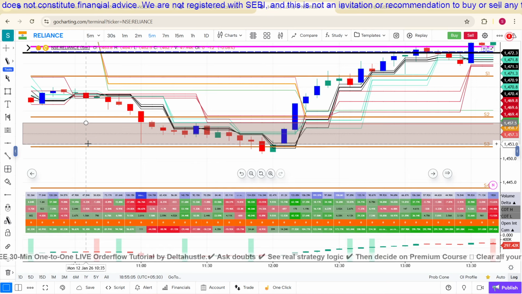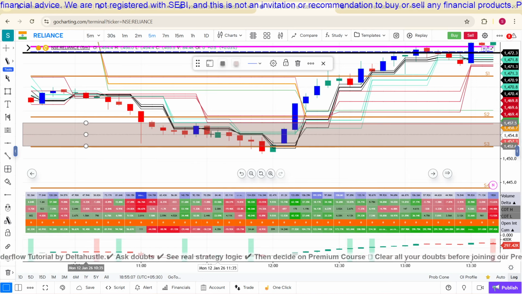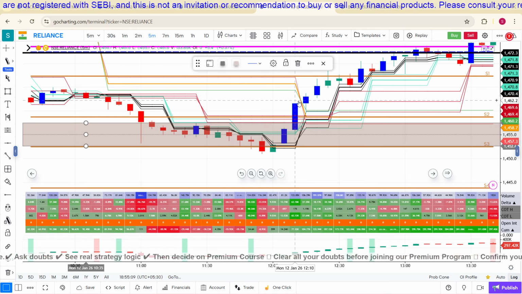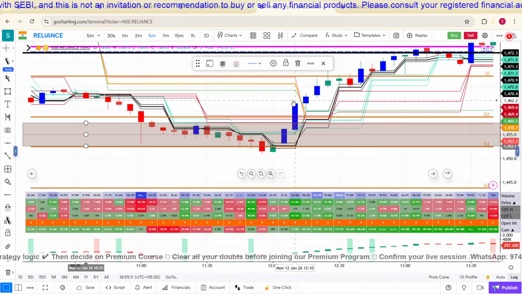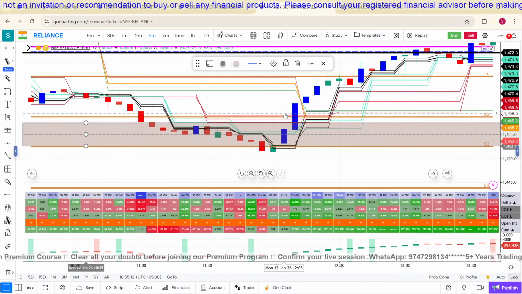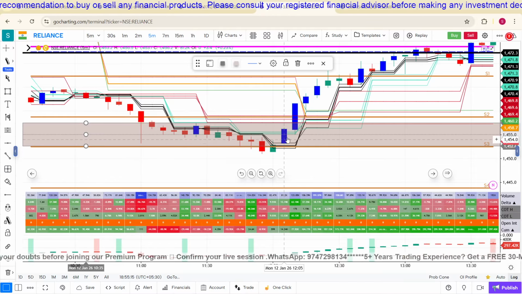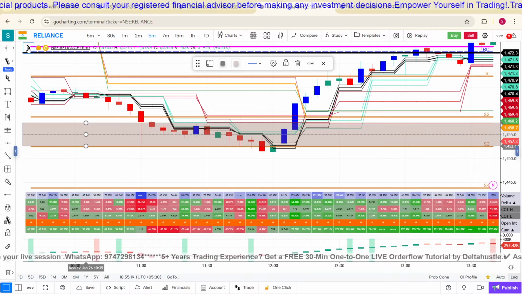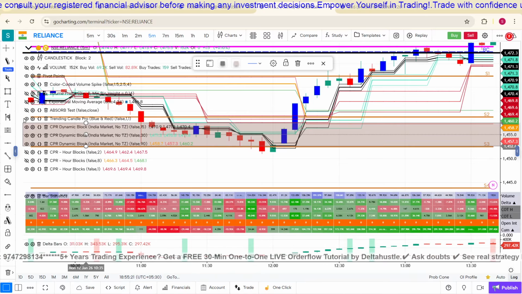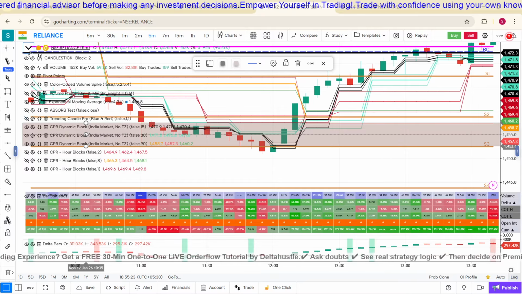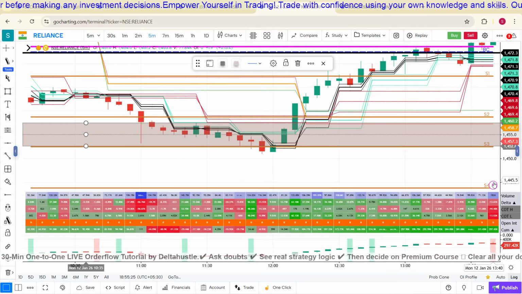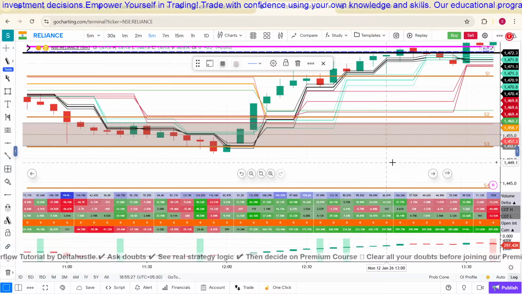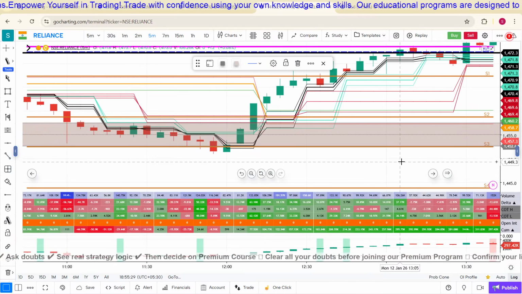See, this absorption level also broke here. And it is a trending candle, blue color. It will automatically trend, and the trending candle is there. Okay, and that's all for today.